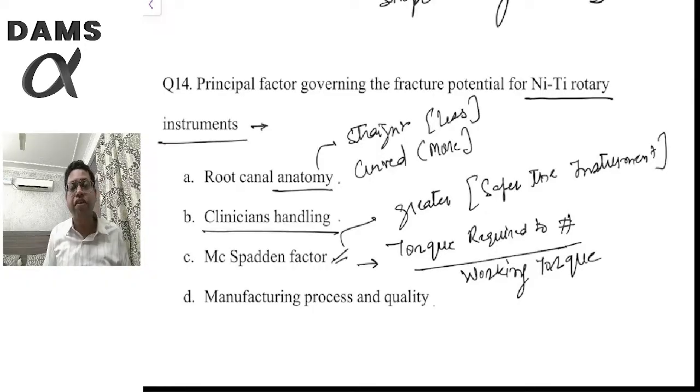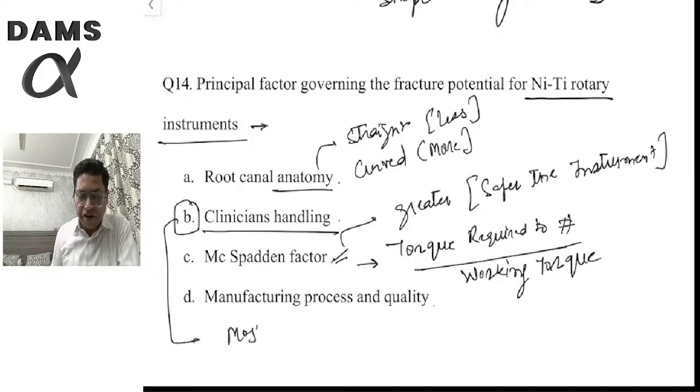Clinician's handling: to use rotary nickel titanium instruments, you have to have good experience of using them, how the instrument is centered in the root canal, how much force, the brush stroke that we are using. So clinician's handling is one of the most important factors.